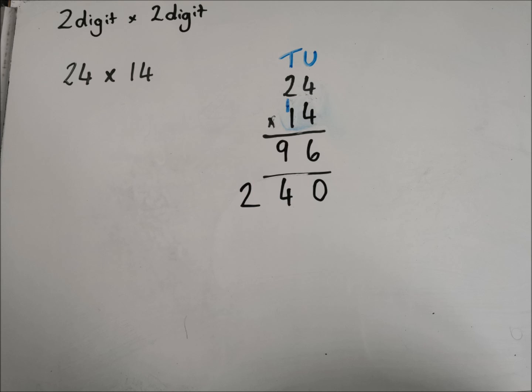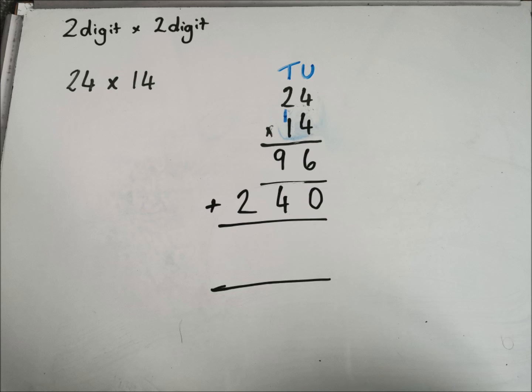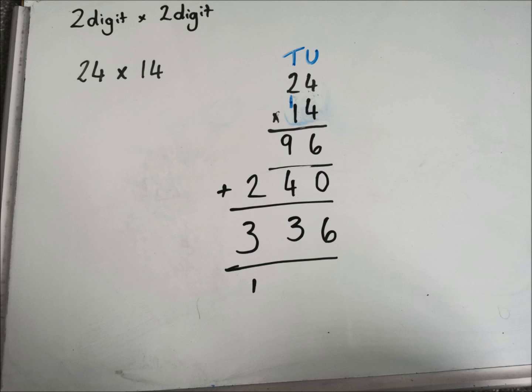We now have 96 and 240, which we need to add up. So we can pop in another answer box there for us to do, and use our addition strategies to add that up. So hopefully we have got 336 for that answer.